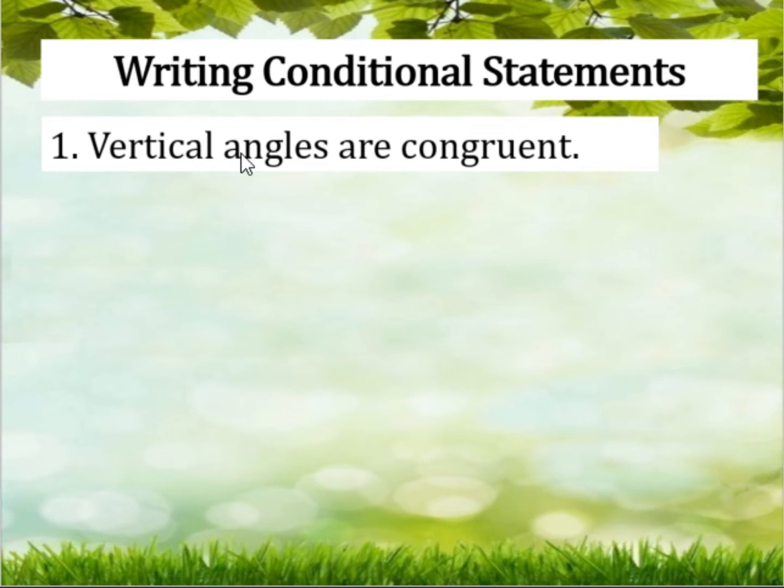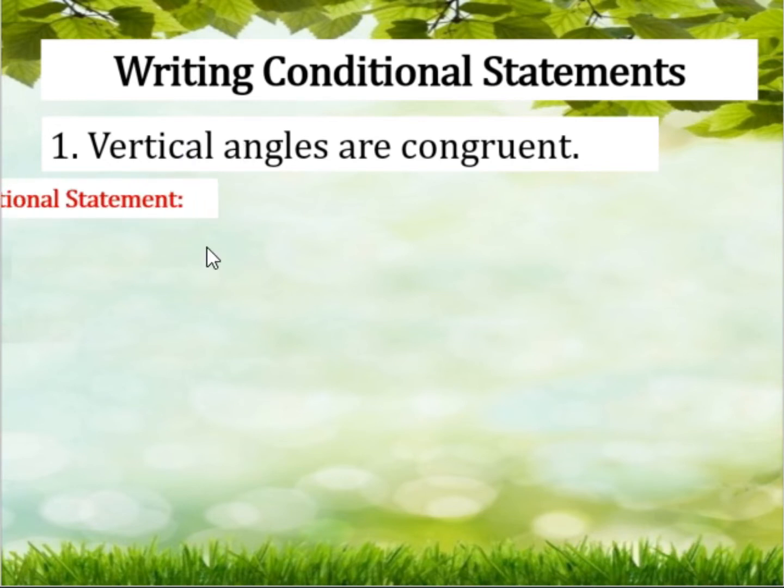Para maging conditional statements ito, dapat ay makagamit tayo ng word na if at word na then. So, yung word na if ilalagay natin sa unahan ng pangungusap at yung word na then ay makikita naman sa gitna nito. At magdadagdag din tayo ng tinatawag nating subject. Ano ba yung angles na vertical?